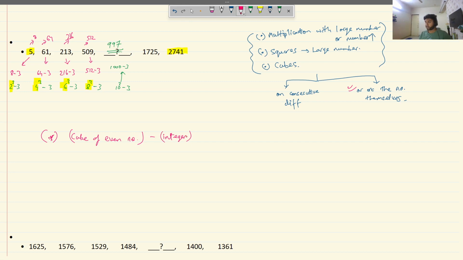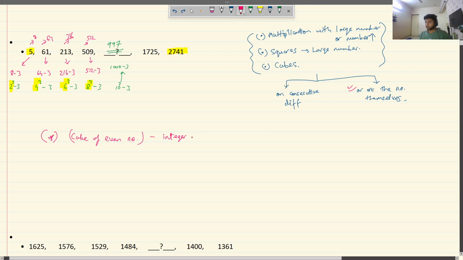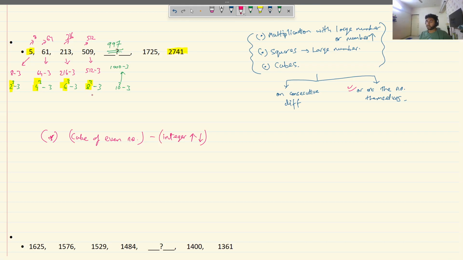Needless to say, this integer can keep increasing or decreasing in other questions. In this question, that integer was a constant 3, but in another question the pattern can grow like 2 cube minus 3, 4 cube minus 4, 6 cube minus 5, 8 cube minus 6. So the integer which we are subtracting can be a constant or keep increasing or decreasing.